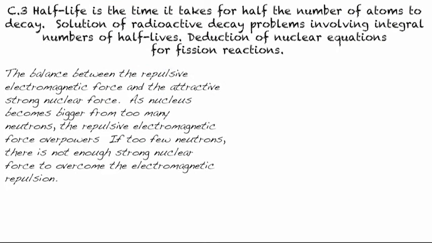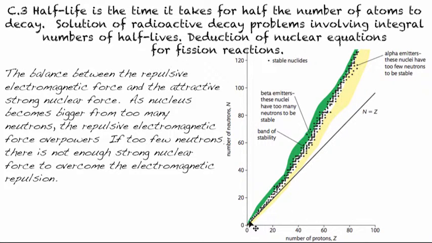So what we end up with is what we call a band of stability. Over here we have the number of protons an atom may have and the number of neutrons it may have. All these dots in the middle show the band of stability, where the proton to neutron ratio is in balance to give a stable nucleus.